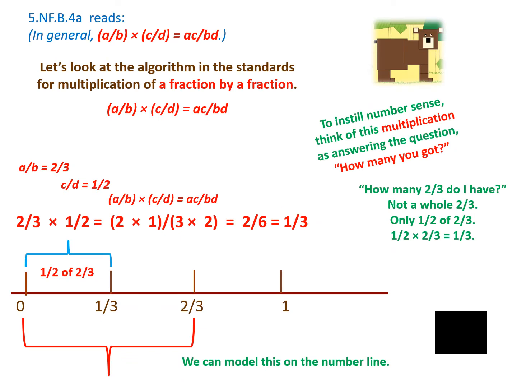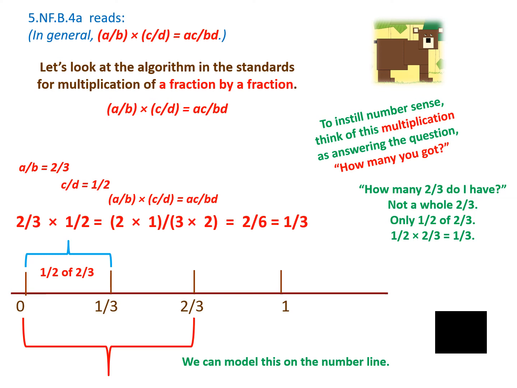The algorithm for multiplying a fraction by a fraction in the standards reads that the fraction a over b times the fraction c over d equals a times c over b times d. Let's look at the algorithm for multiplication of a fraction by a fraction.